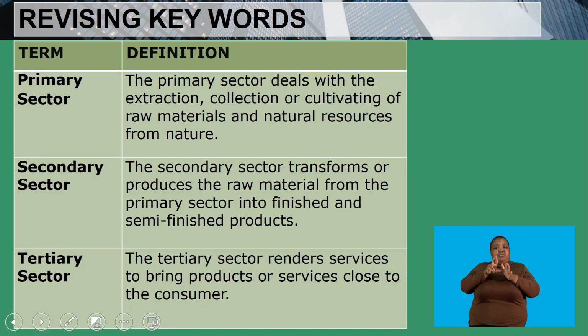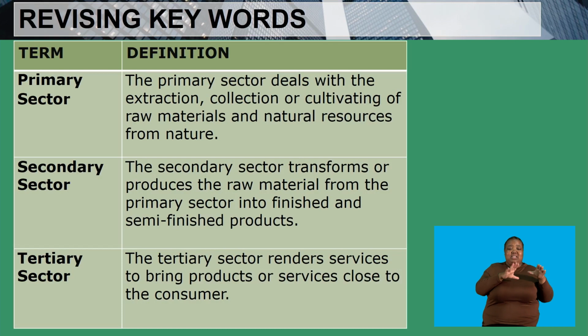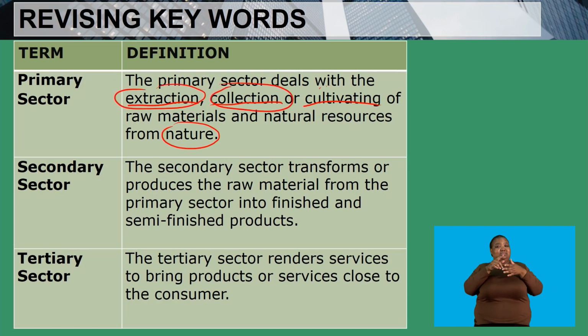Now, the revising keywords that you are going to come across in this lesson include the primary sector, which is defined as a sector that deals with the extraction, the collection, or cultivation of raw materials and natural resources from nature. Very important to look at these keywords because they help you in identifying the different sectors from given scenarios.